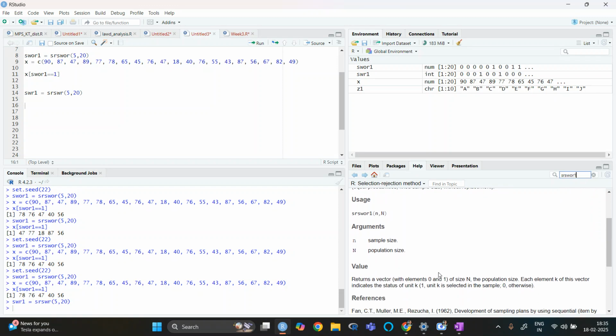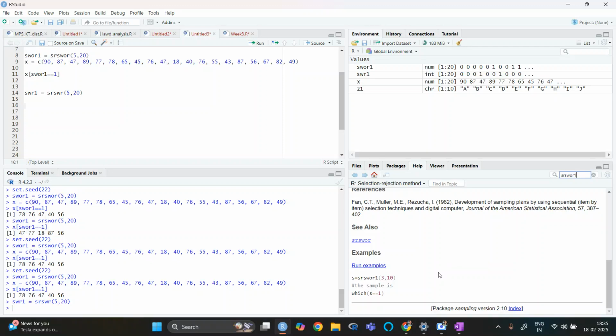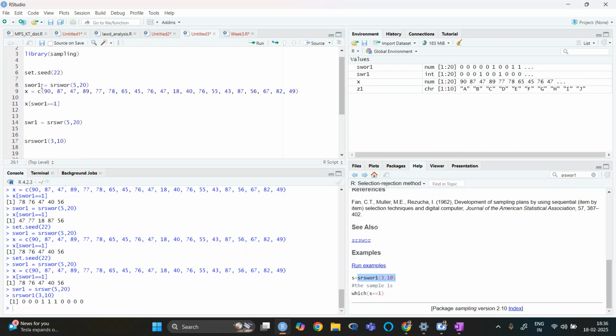I have not gone through whether there is any difference with SRSWOR1. We can run it. No, I'm not using one as this. I'm just defining my vector as 1, 2, 3, 4. It is defined. I'm using only SRSWOR.